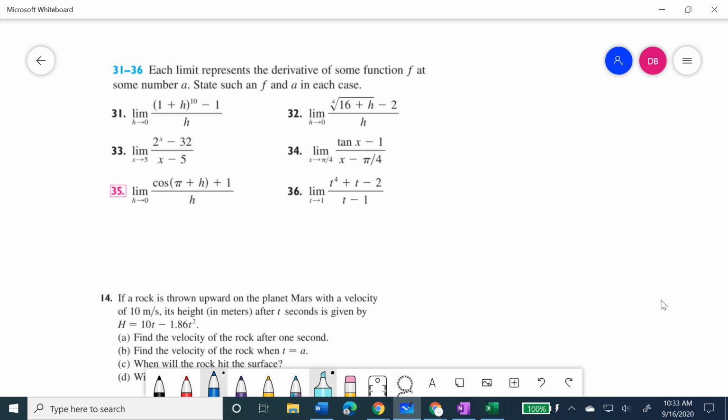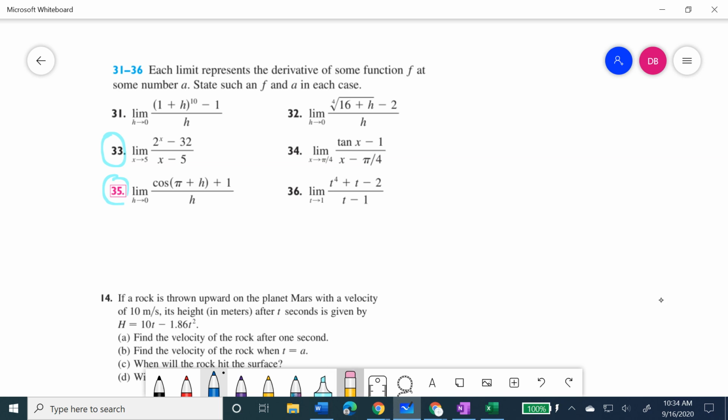Okay. And I can go over more of them if you want also. You should notice that 33 is using the first definition. 35 is using the second definition. I want to first point that out.